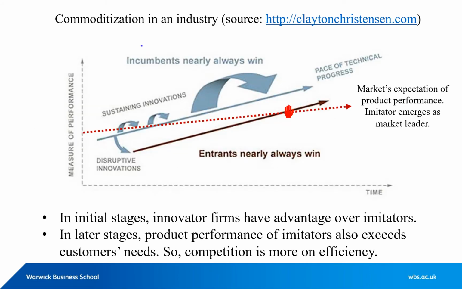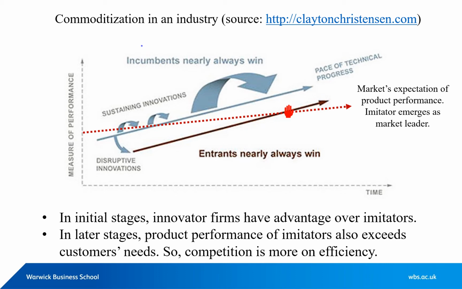In this slide, I explain to you how an industry gets commoditized. In the initial stages of technology cycle, innovative firms have advantage over the late entrant imitator firms. As the technology is not yet reliable, even the products offered by the technology leaders don't meet the expectations of average customers. However, their products have a clear competitive advantage over the imitators who might be competing on efficiency.